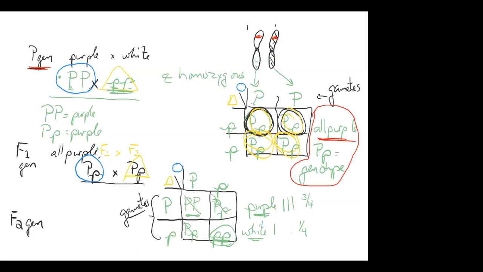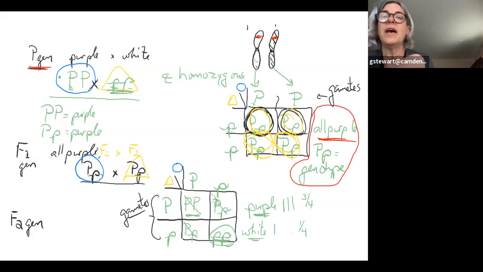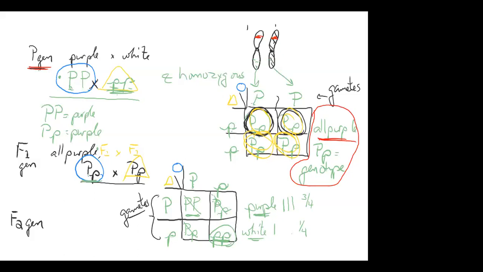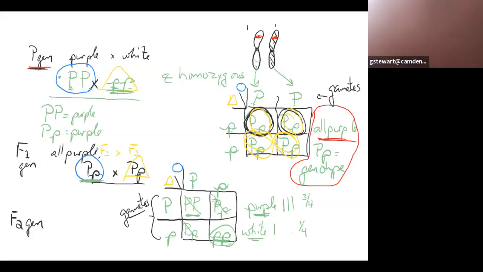I have one. Which were heterozygous again? The F2 generation? So anytime when they have 2 different alleles, they're heterozygous. So the parent generation, the true breeder parent generation is always homozygous.